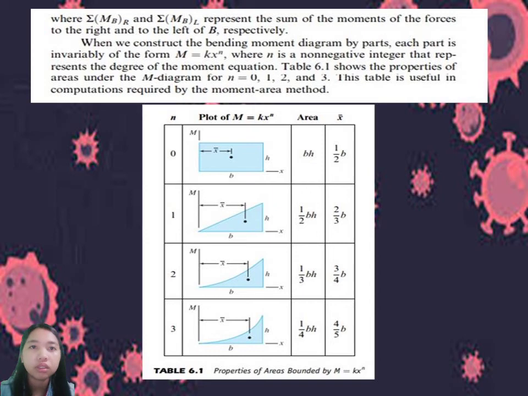Table 6.1 shows the properties of areas under the M diagram for n equals 0, 1, 2, and 3. This table is useful in computations required by the moment area method. So this is the table of the plot of M equals kx raised to n.